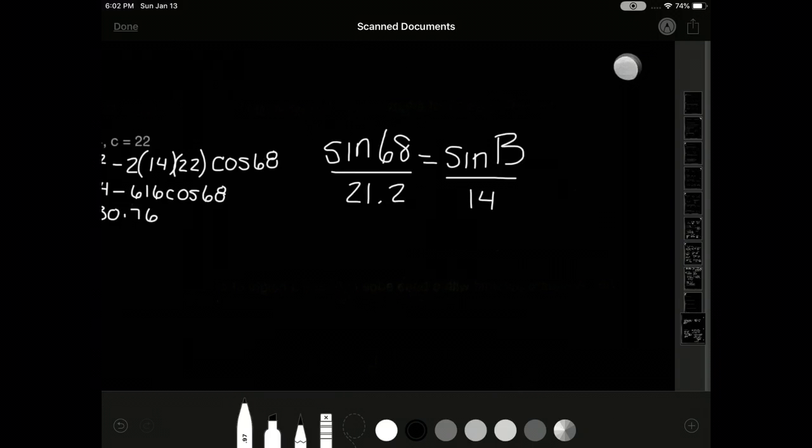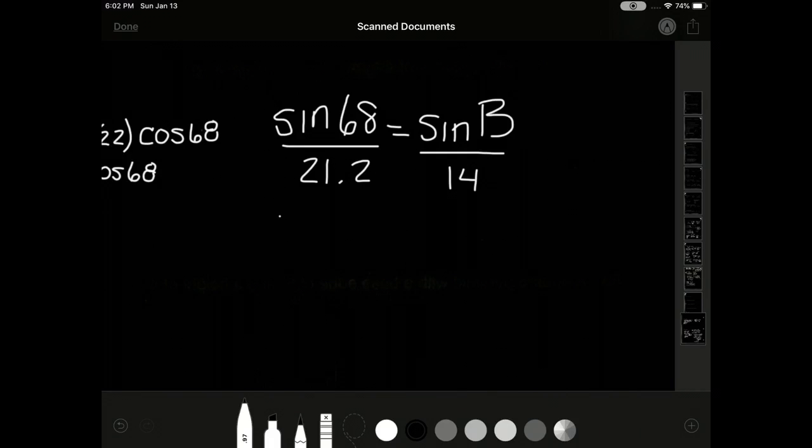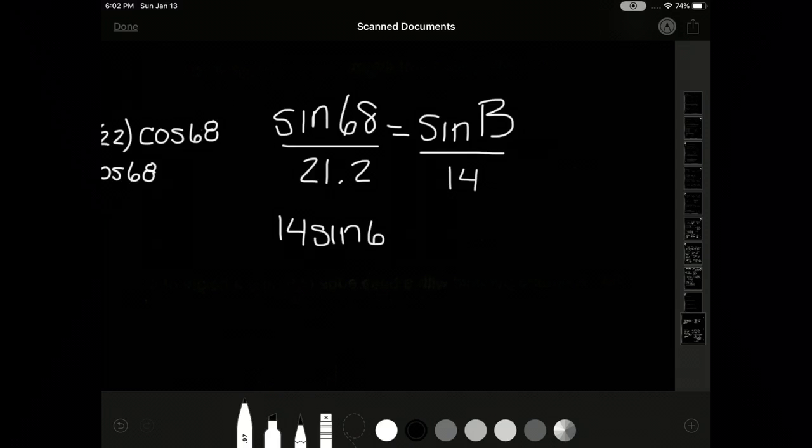So when we cross multiply here, we get 14 sine 68 equals 21.2 sine of B.